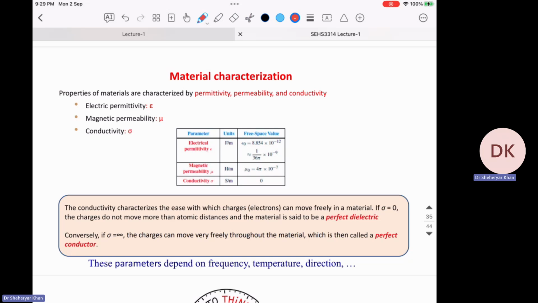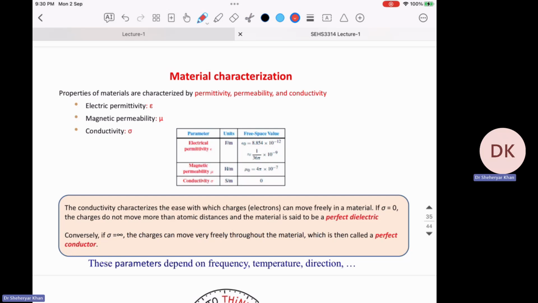Understand? So why do we use conductivity? Because we need to make a fair comparison between materials. I ask you to give me a good material, and you have to look at the table. You say, okay, I take 1 meter of gold, 1 meter of copper, 1 meter of iron, 1 meter of another material, and then I compare the conductivity. Now it's not conductance, it's conductivity, per meter.